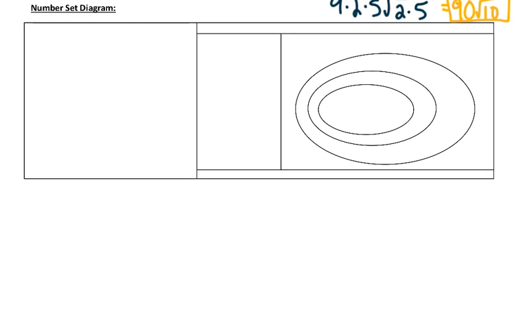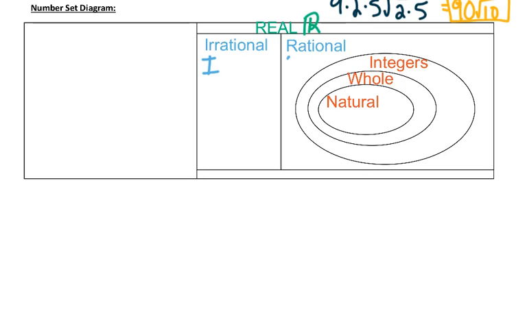The next thing we're going to review is the number set diagram. So I'm going to go ahead and fill this out. So real numbers are all the numbers we're used to seeing. We use the double bar R to represent that. Irrational numbers, we use this I for that, and rational is going to be the Q. Integers is Z, which is kind of weird, W for whole, and N for natural.